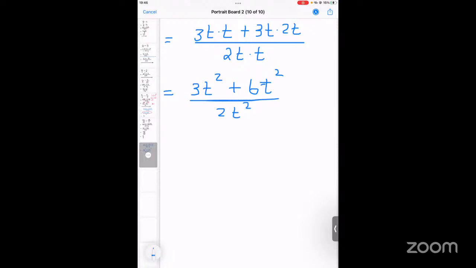There's my final answer: 9t to the power of 4 over 2t to the power of 2.